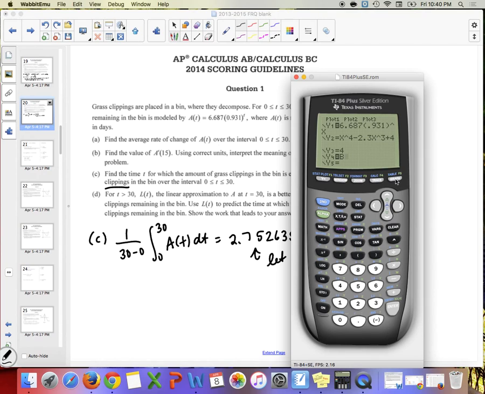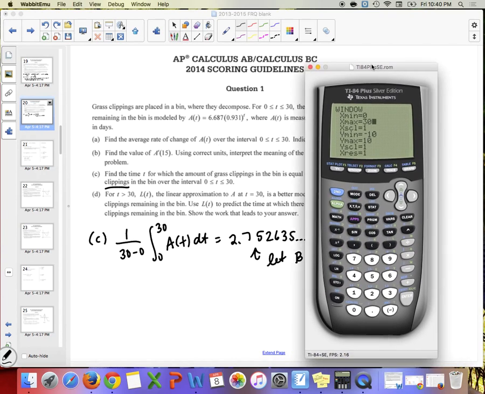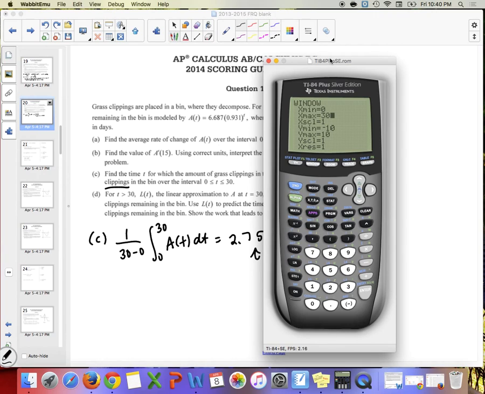I do want my time to be on 0 to 30. And the amount of grass clippings, that could go up pretty high. Let's keep it how it is right now, and we'll play around if we need to. So we're going to find where these two things intersect.